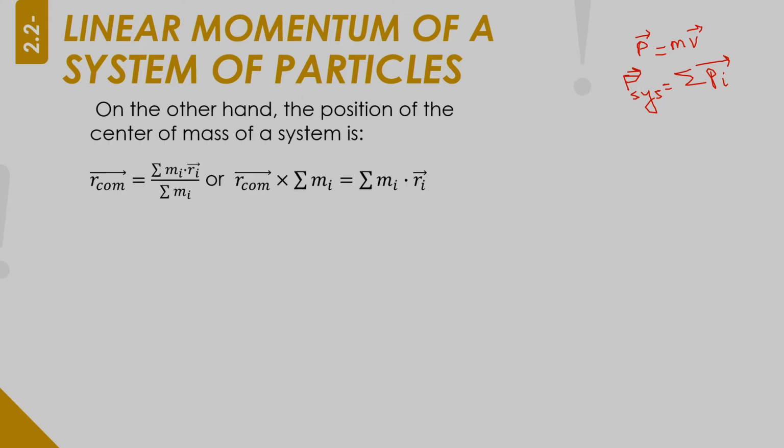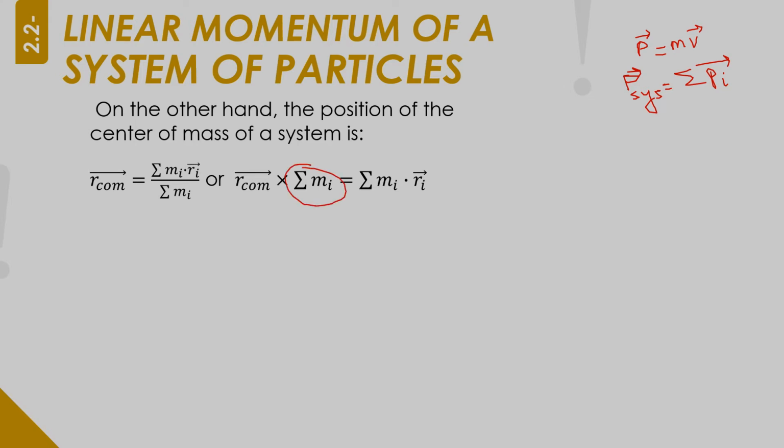The position of the center of mass is given by summation of mi ri over m total. Now, if we rearrange this equation, moving the summation of mi to the left-hand side, we get r vector multiplied by the total mass is summation of mi ri. R is the position, right?